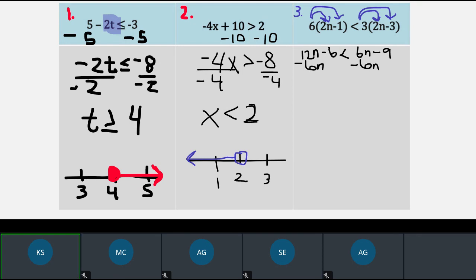Hopefully y'all do this. I only have one person that submitted their answer so far. So we would get 6n minus 6 is less than negative 9.